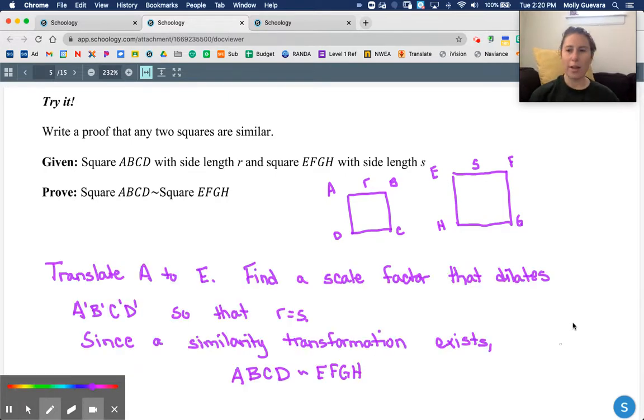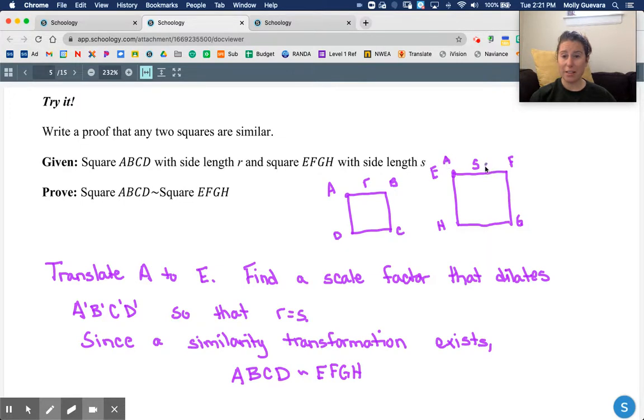Okay, so let's go over this. This is what I have. I said I'm going to translate A to E. So I want this corner and this corner to line up perfectly. Then I'm going to figure out a scale factor so that R and S are the same length. So if this is now also A, right, and then this is S and R, and this is A, this is B, this is C, and this is D. And they line up perfectly on each other.